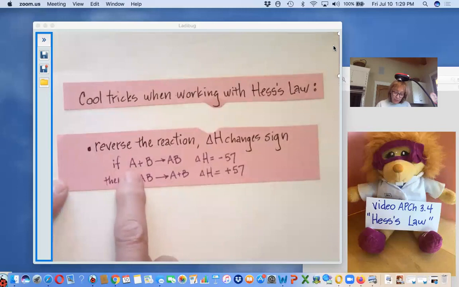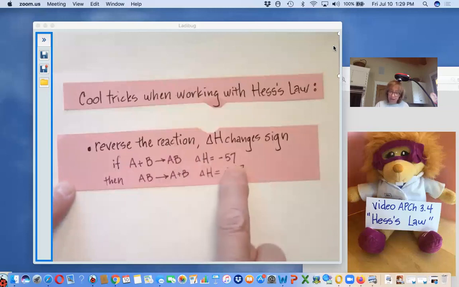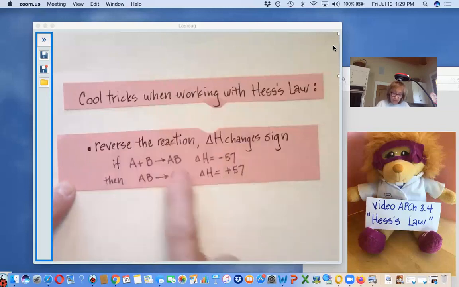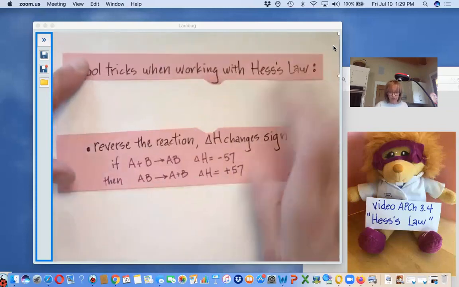If you know that A plus B yields product AB, and you know the delta H for that reaction is negative 57, then if you reverse the reaction, products turn into reactants. So you take compound AB and decompose it to give you A and B. For that reverse process, the delta H is positive 57. Okay, that trick we're going to use a lot.